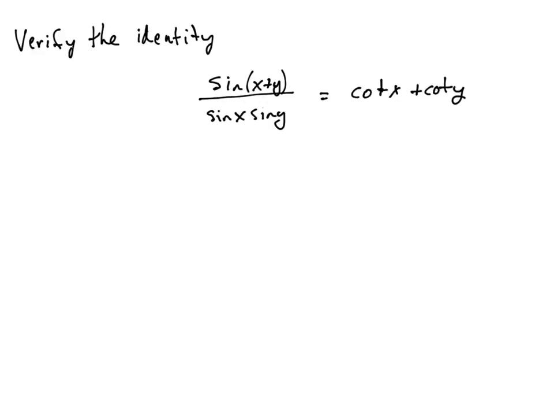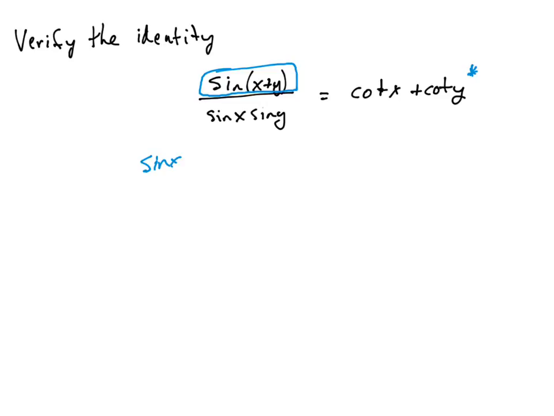This example asks us to verify the identity. There's a couple ways that I see to go about this. On the right hand side, we could change all of this in terms of sine and cosine. One thing I see right away that I'm going to do is this right here, sine of x plus y, well that's just the sine of a sum. So I'm going to apply the sum formula of sine here.